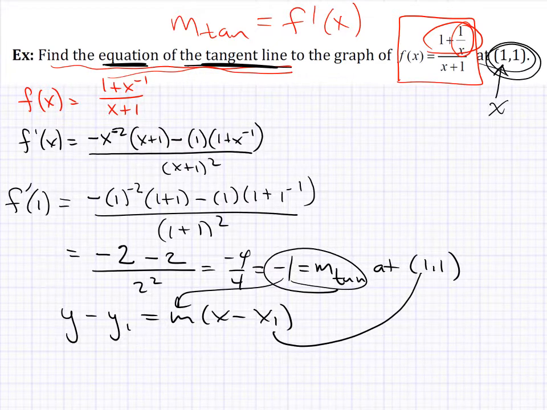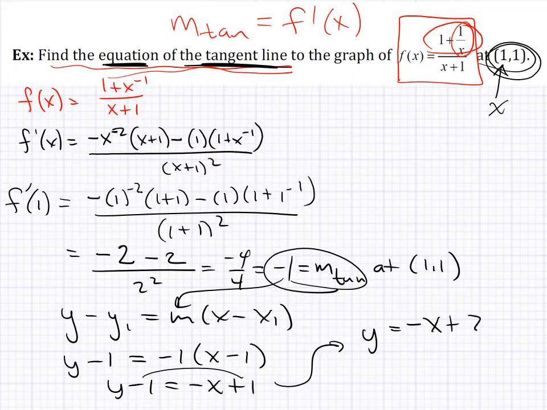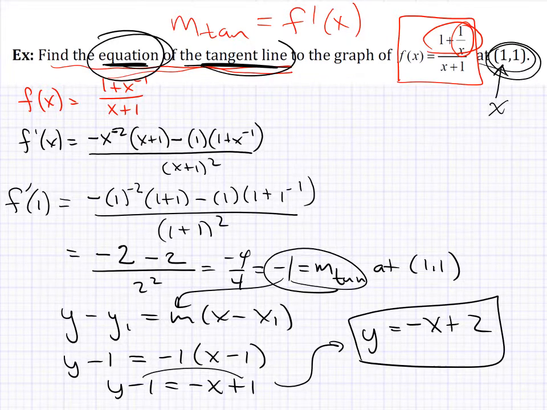And so what I get is y minus 1 equals negative 1 times x minus 1. So y minus 1 equals negative x plus 1. Add this 1 over here, and I get y equals negative x plus 2. So this is the equation of the tangent line at 1, 1.